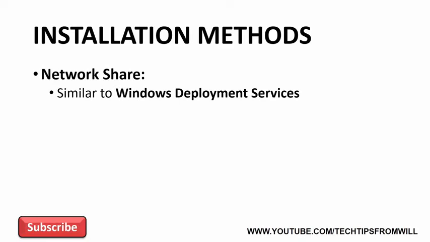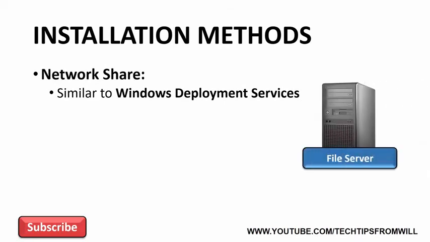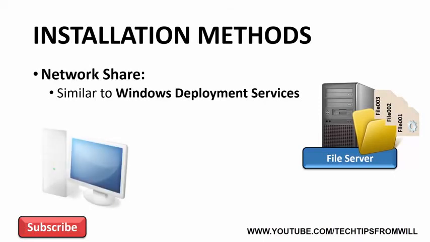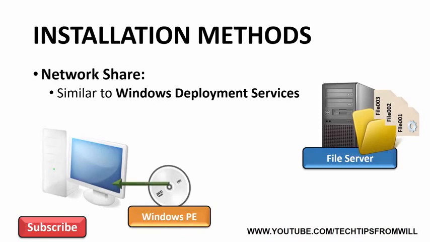Installing Windows 10 using a network share is, in many ways, similar to Windows Deployment Services. With a network share, all you need is a file server with a shared folder. This shared folder is where the Windows 10 installation files are located. Elsewhere on the network, all the administrator has to do is boot the destination computer from a Windows PE boot disk.